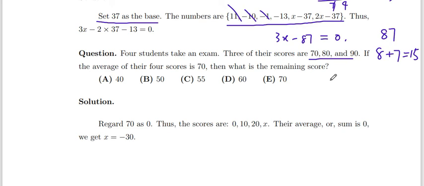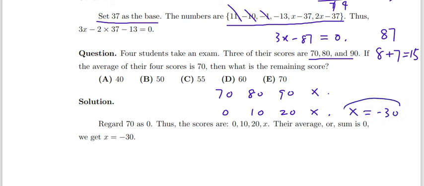So we change these numbers 70, 80, 90 by taking base 70 as 0, so this is 10, this is 20. If they add up to 0, this x should be negative 30, right? So the remaining score is 70 minus 30, 40.